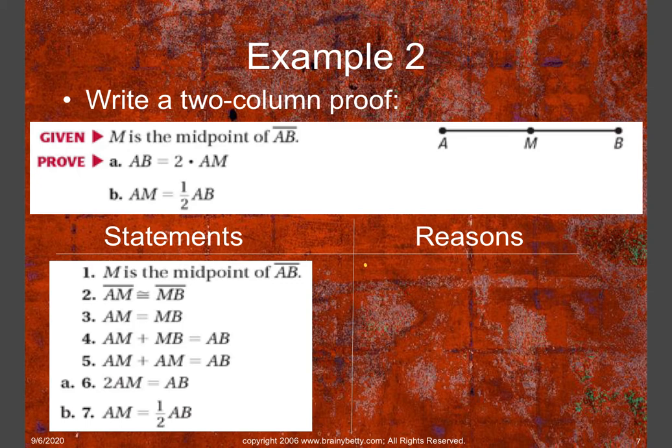Given. It's part of my given statement, right? There it is. 2 says AM equals MB. Nope. Wrong. Segment addition postulate would say that one segment equals the sum of its parts. Look at the information you already know. Does AM equal MB? How do you know that?